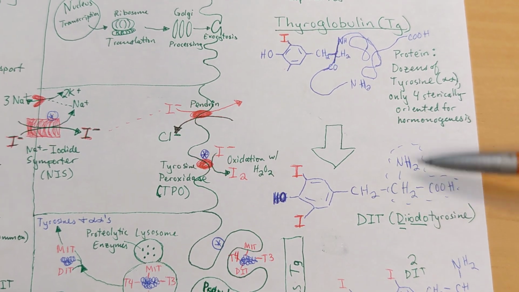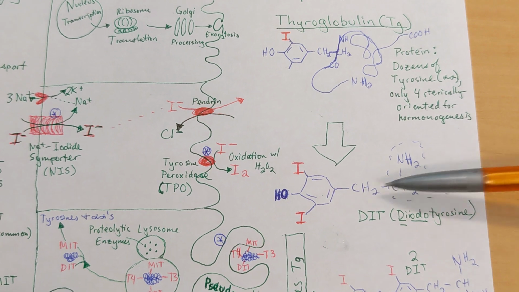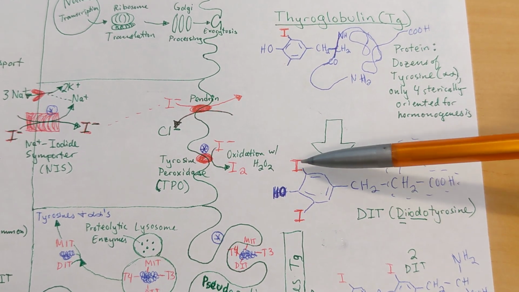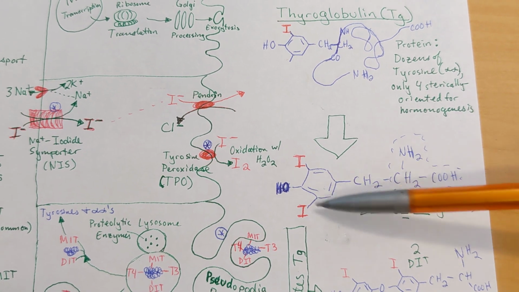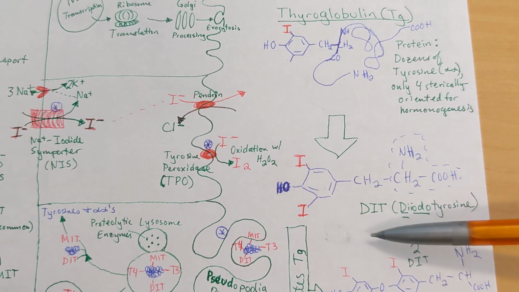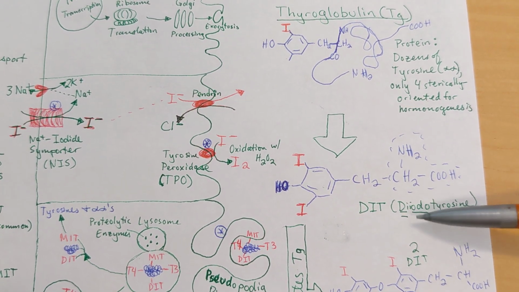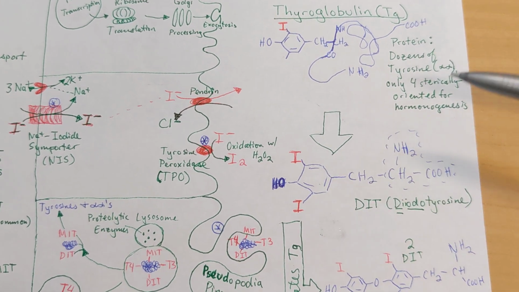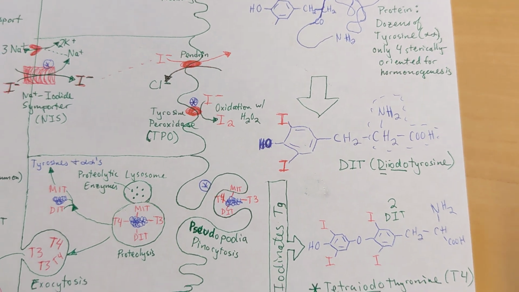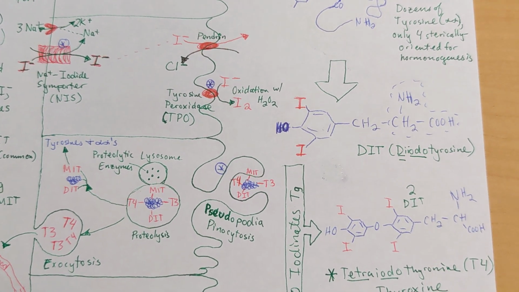All right, so this here is representing the rest of the thyroglobulin, and here is a particular tyrosine that has been iodinated. Okay, so this particular structure now we can call DIT, diiodotyrosine, so there are two iodines attached. Okay, and so TPO is pretty ambitious with this.